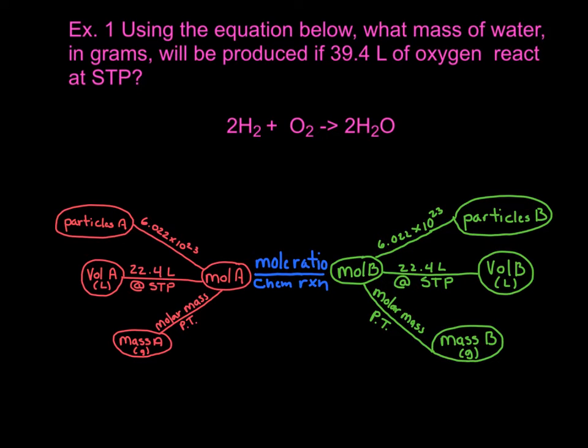Here we're given that we have liters of oxygen, and we are asked to find grams of water. So let's take a look. We're going to go from liters of oxygen to moles of oxygen to moles of water to grams of water. Let's see how we do that.